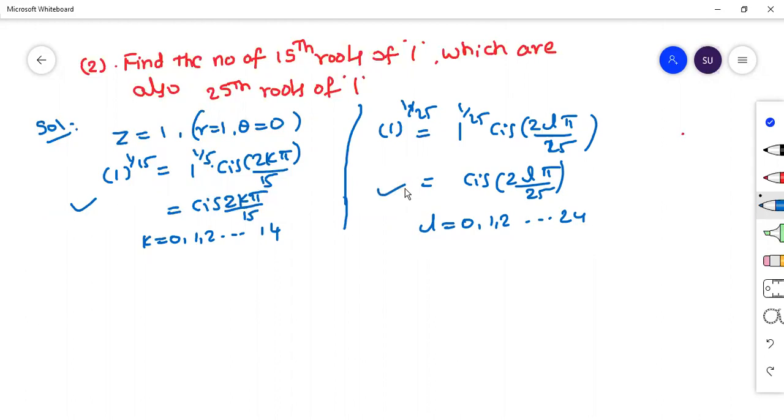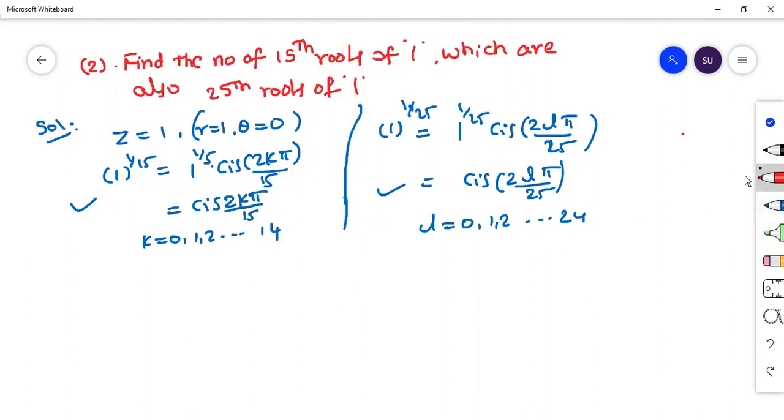They are saying find the number of 15th roots of 1 which are also 25th roots of 1. That means indirectly the number of common roots. What are the common roots between these values?